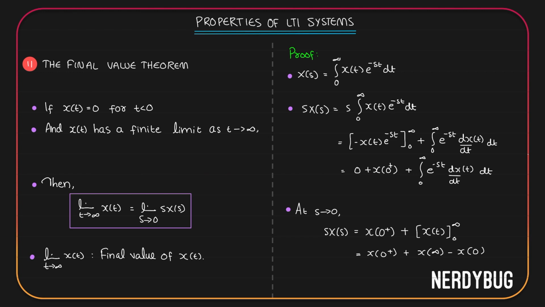Again we are approaching 0 from the positive side, so it is x(0+). x(0+) and minus x(0+) get cancelled, and we get sX(s) equal to x(infinity). So we can write limit s tends to 0 of sX(s) gave us x(infinity), which can be written as limit t tends to infinity of x(t). And this is what we call the final value theorem.